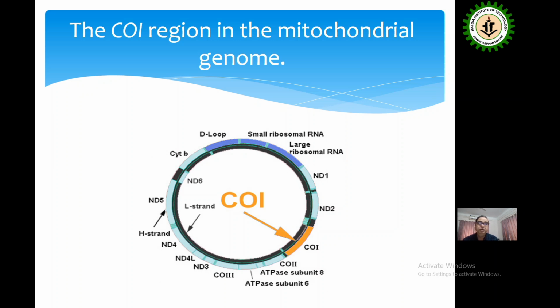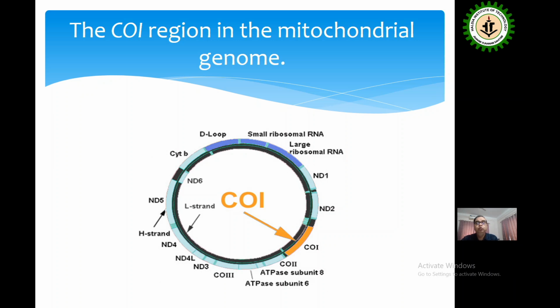And as you can see, there are two strands, the light strand and the heavy strand. And cytochrome C oxidase subunit 1, you can see, is depicted by the yellow color. It is in the outer strand. Other parts of the mitochondrial genome are shown here.